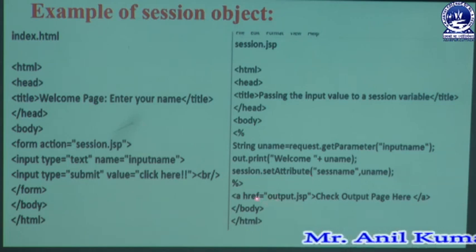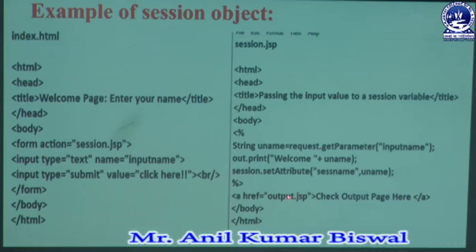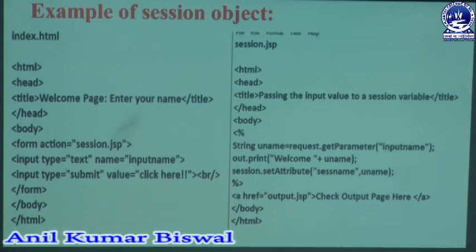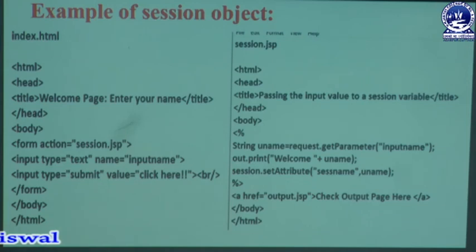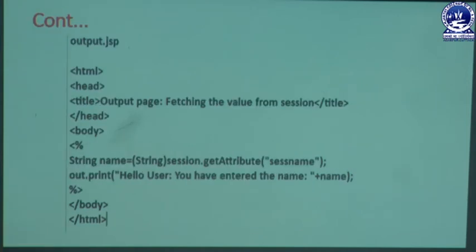Then we have another page which is hyperlinked to the out.jsp page, and that hyperlinked page must be opened through a web server. That out.jsp page is known as the output page, and whenever the user clicks on it, we get this environment with a head section. In that head section we have a title, printing a statement like output page fetching the value from session.